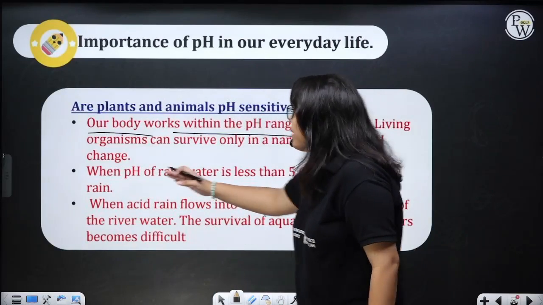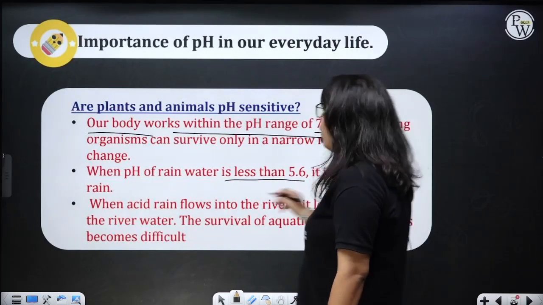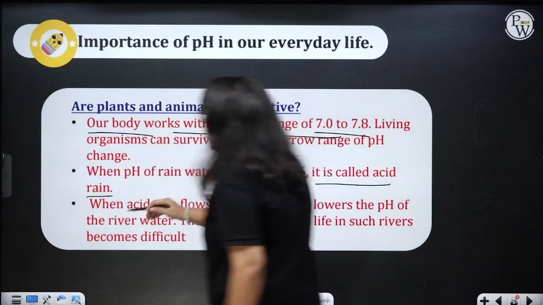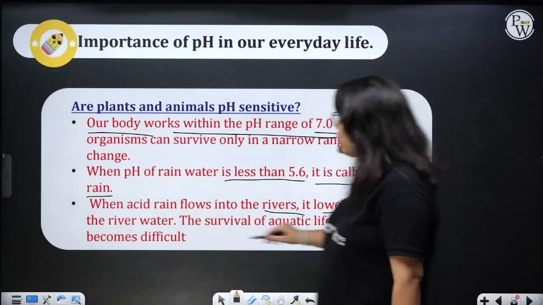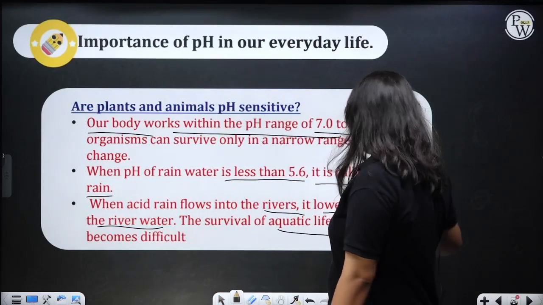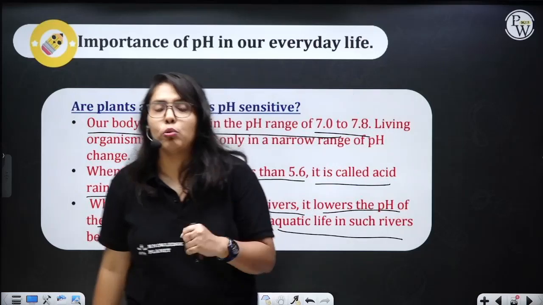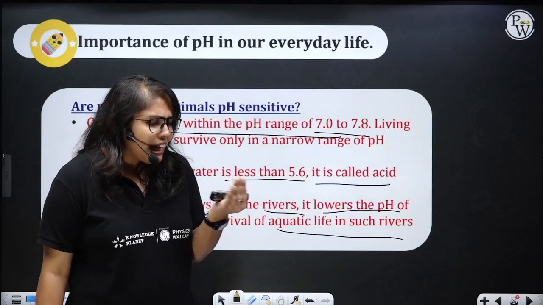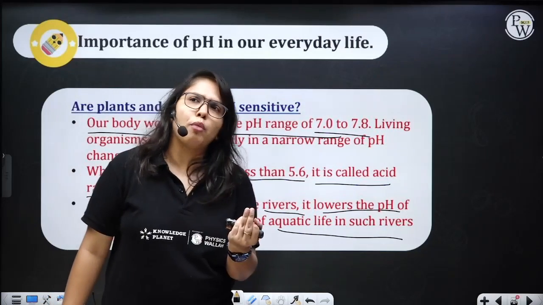Okay, so when the pH of rainwater is less than 5.6, it is called acid rain. So when acid rain flows into the rivers, it lowers the pH of the river water. So the survival of aquatic life in such rivers becomes difficult. So ma'am, what do we do? See, the pH is decreasing. So what do we have to do? We have to increase it to its normal value.